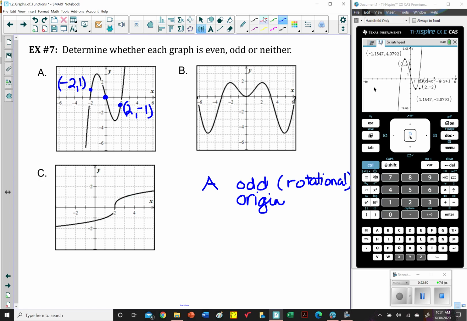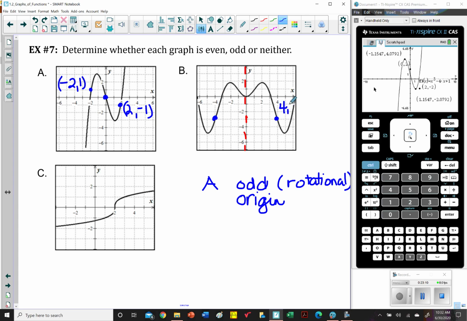On B, it's pretty obvious that that's y-axis symmetry. It would be an even function because you can reflect or fold the graph over on that red dotted line and end up with the same points. I see 4, -3 and -4, -3.